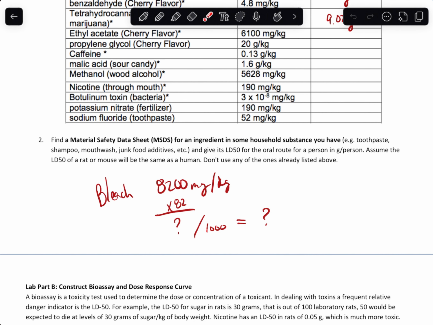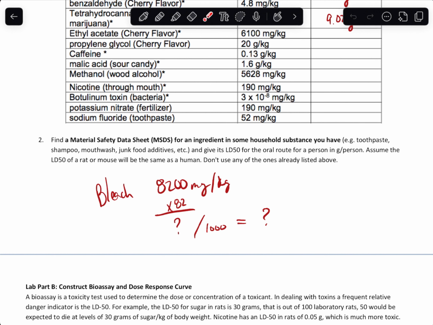This is where you're going to research your own chemical. You can use any chemical you want. Bleach is what I used, but you can use drugs like ibuprofen, acetaminophen. People use caffeine, or I guess caffeine's already up there, but using things that are in energy drinks, or chemicals like vinegar or baking soda or something like that.